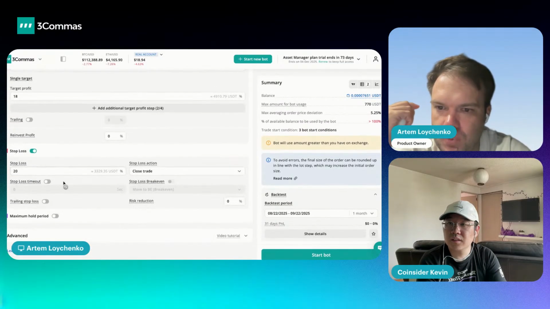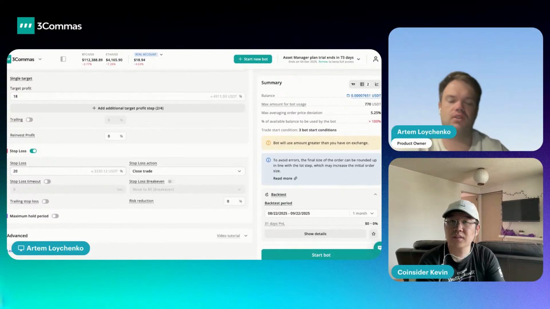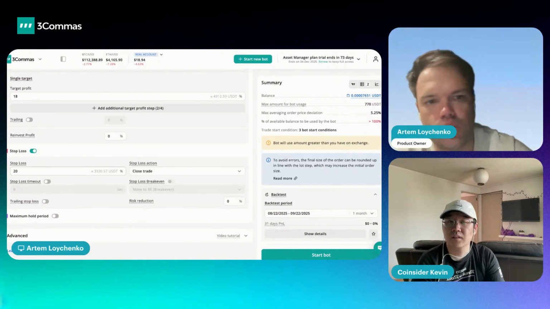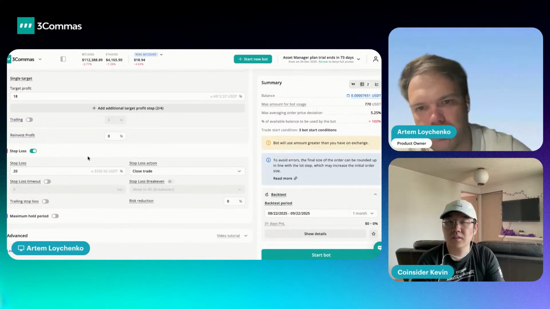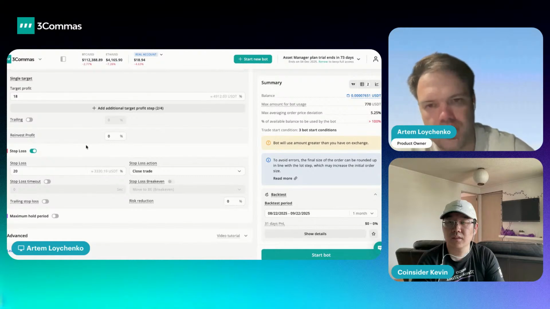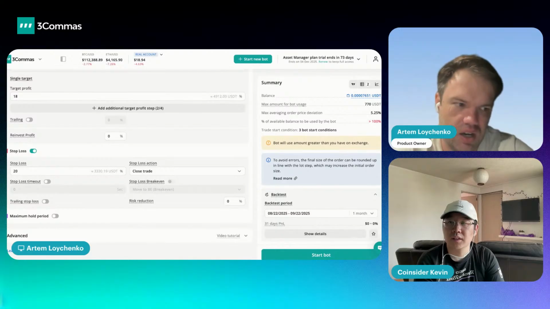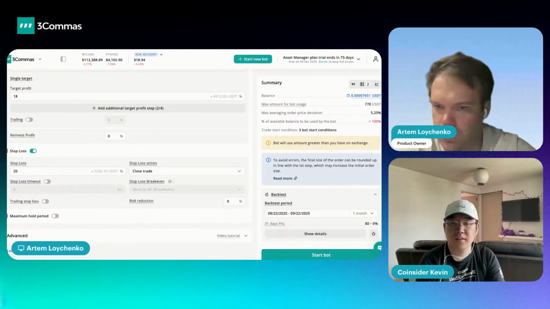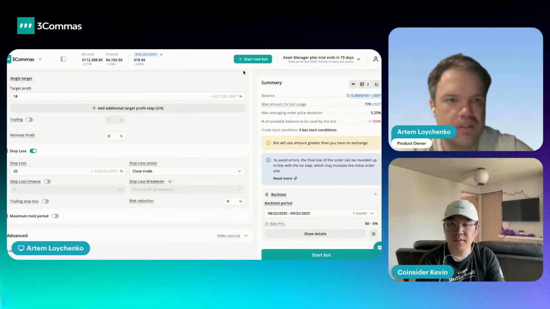Yeah, we have a stop loss of 20, but considering that the strategy is DCA, we always hope that we will not be stopped out because we hope that we will average and then it will go up. Got it. I prefer to have a stop loss just in case the market would simply die. That's why I would love to have the stop loss.